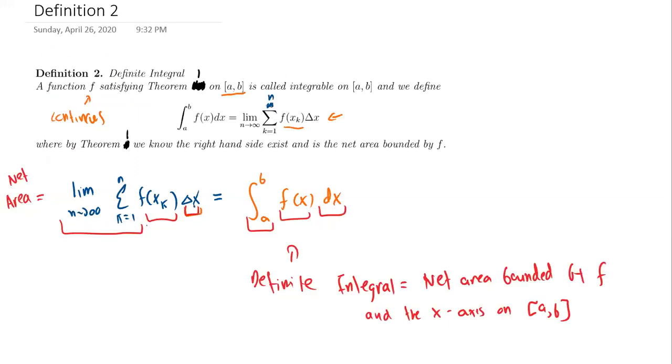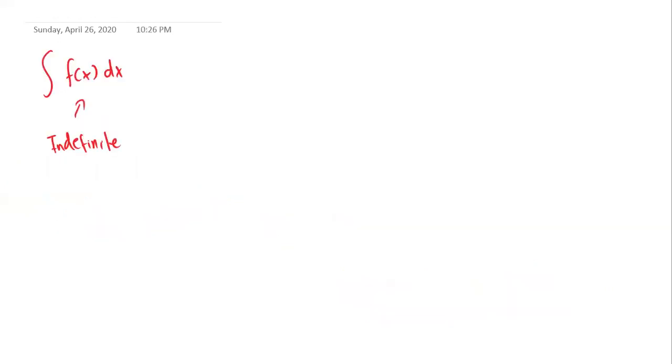For the definite integral, we do write the bounds. So that's the difference in notation. And of course, it means a different thing. The indefinite integral means all antiderivatives of f on some interval I.